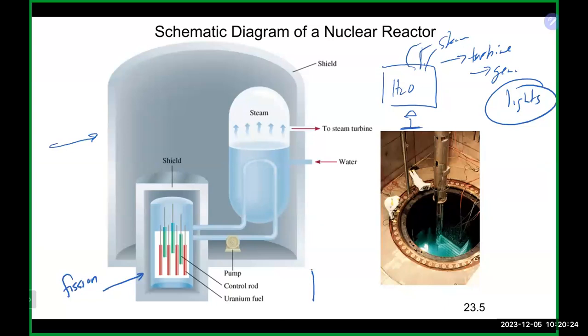You'll have fuel rods, and fuel rods are just like it sounds: rods with pencil-sized pellets of uranium in there. That is the fuel that's going to start the fission reaction. The fission reaction will happen, and we have some water in this insulated container, which gets super hot from the energy of the fission reaction, which heats a bigger pile of water.